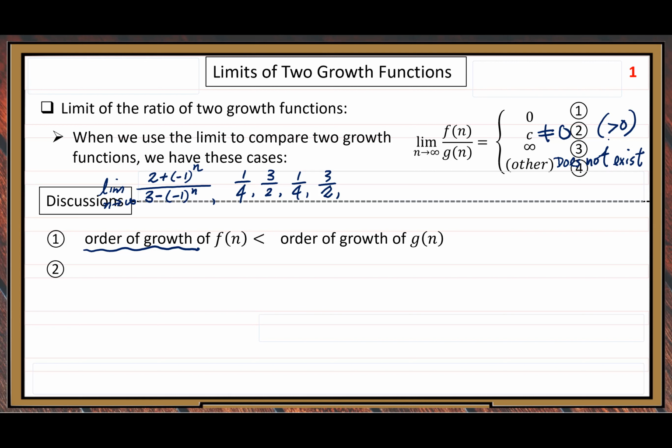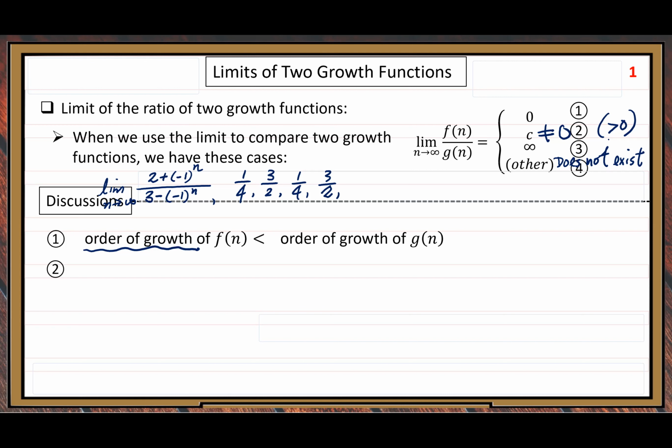Our growth functions come from counting the number of basic operations. That's our growth function. So that number should always be positive.